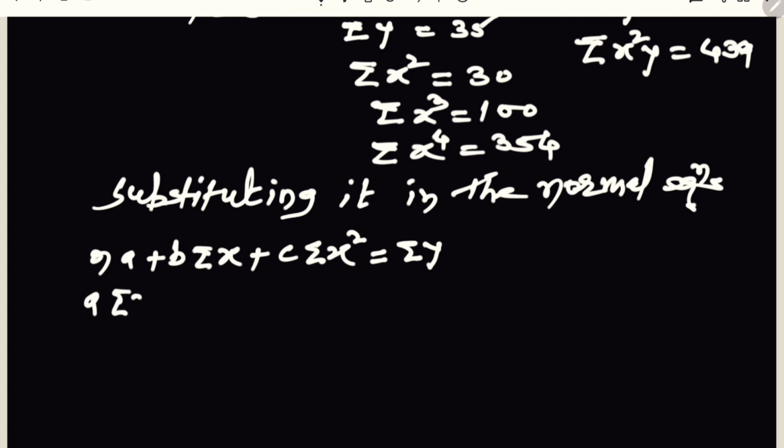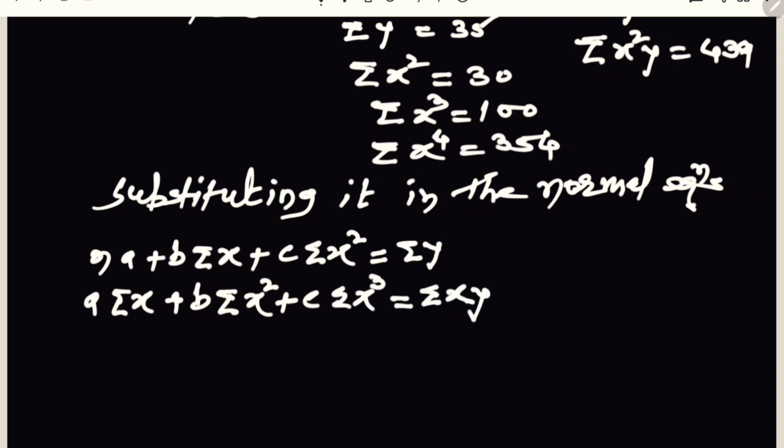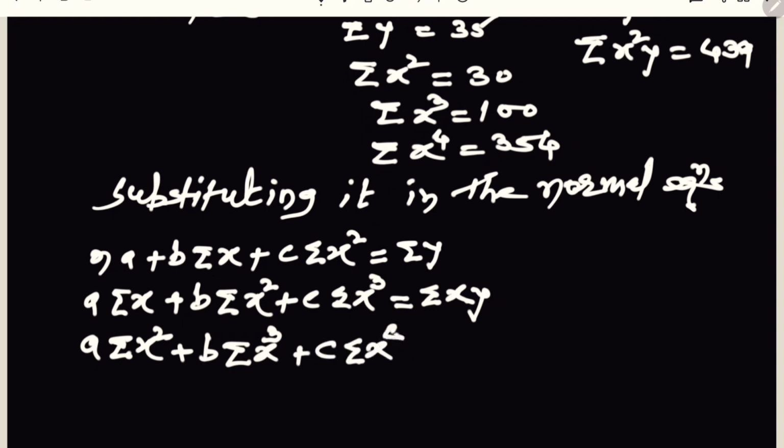Then a into summation of x plus b into summation of x square plus c into summation of x cube is equal to summation of xy. Then the third, a into summation of x square, b into summation of x cube, c into summation of x raised to 4 is equal to summation of x square y.